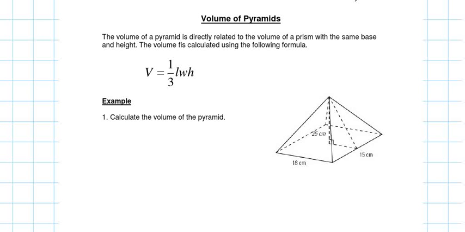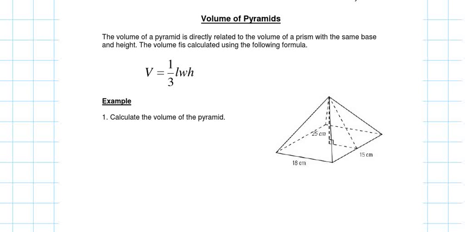Do you remember the formula for the rectangular prism? Length times width times height. So the volume of a pyramid is 1/3 the length times the width times the height.